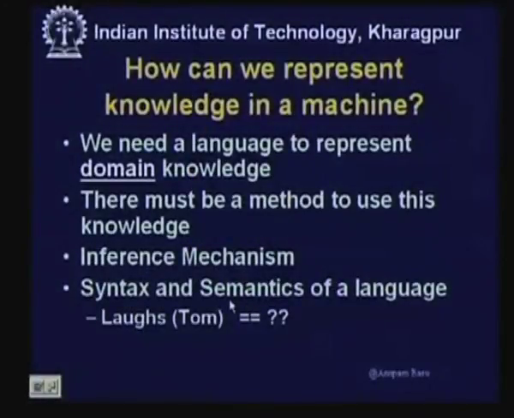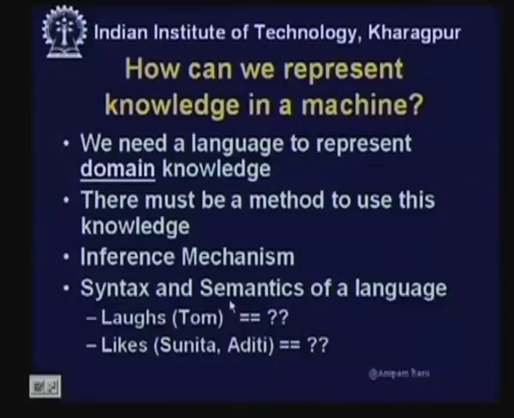We must understand this. For example, here, likes(Sunita, Aditi). What does it mean? Sunita likes Aditi or Aditi likes Sunita? There must be a specific interpretation given in order that this statement, likes(Sunita, Aditi), can qualify as a valid knowledge representation language.